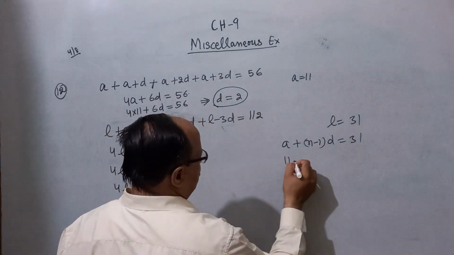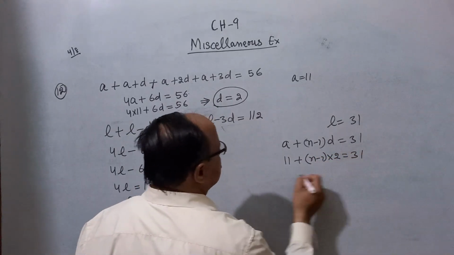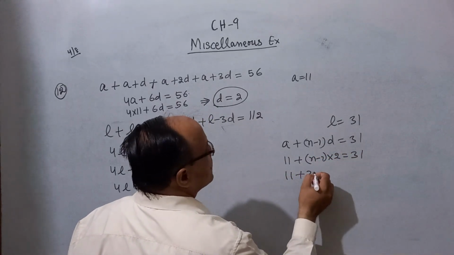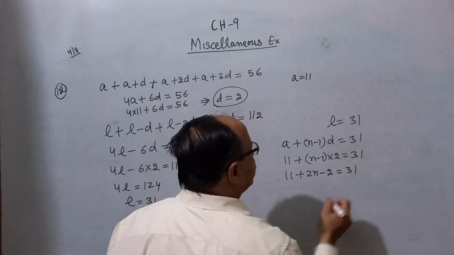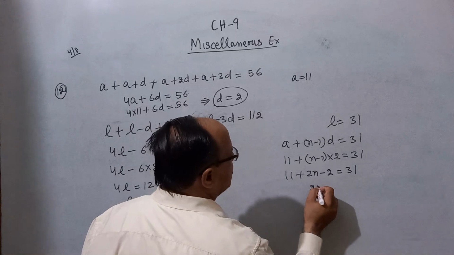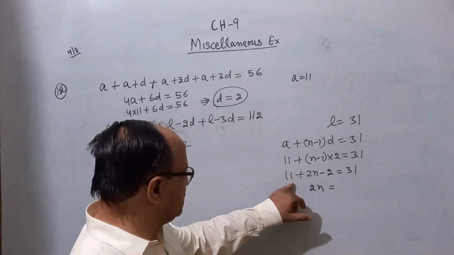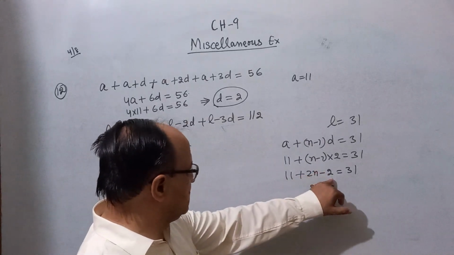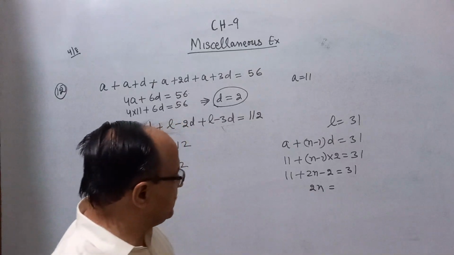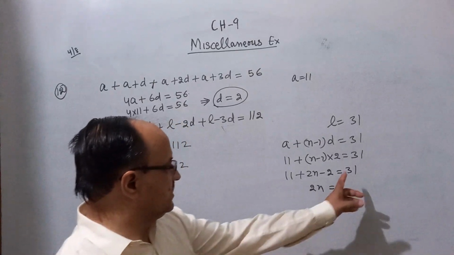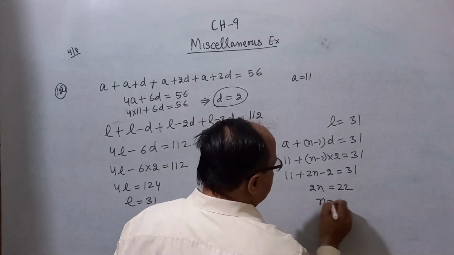Put the value of a as 11 plus n minus 1 into 2 is 31. So 11 plus 2n minus 2 is equal to 31. Therefore 2n is equal to 31 minus 9, that is 22. N is equal to 11.